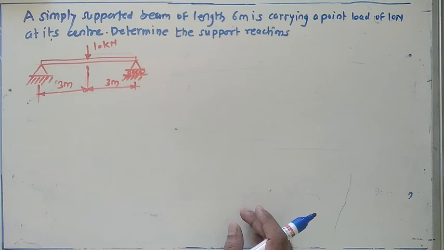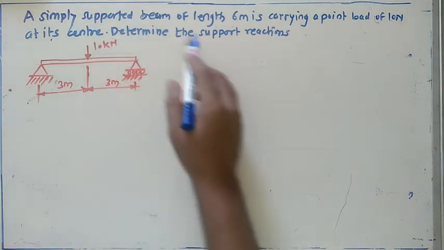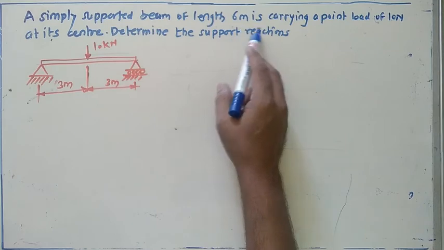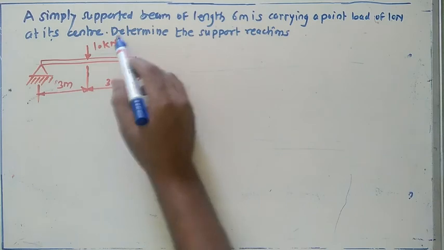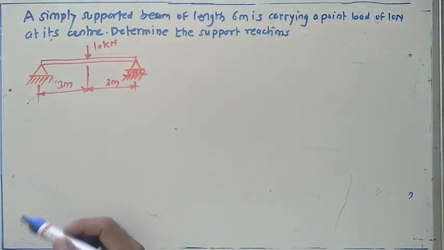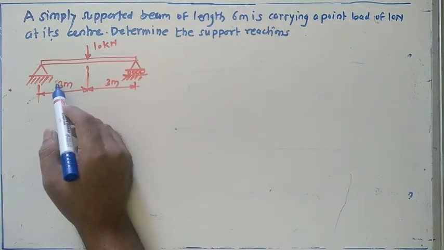Let us see one problem on the same topic. A simply supported beam of length 6 meter is carrying a point load of 10 Newton at its center. Determine the support reactions. So for that, the system is given in this way.